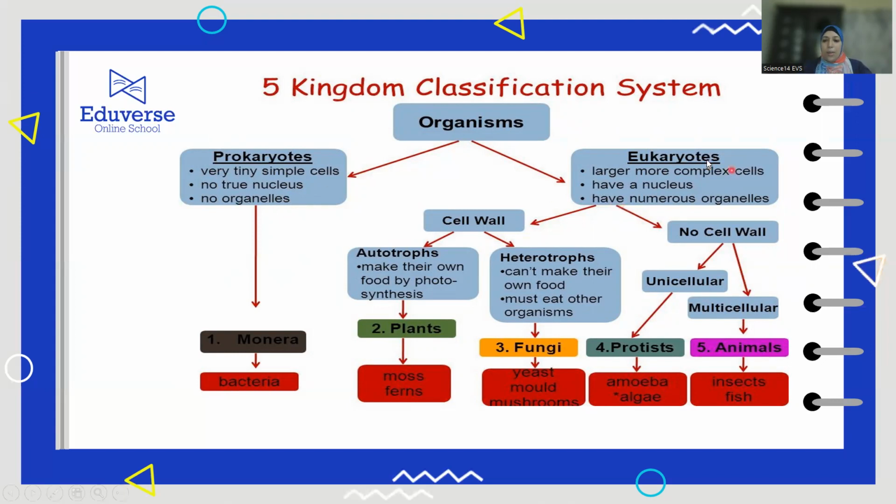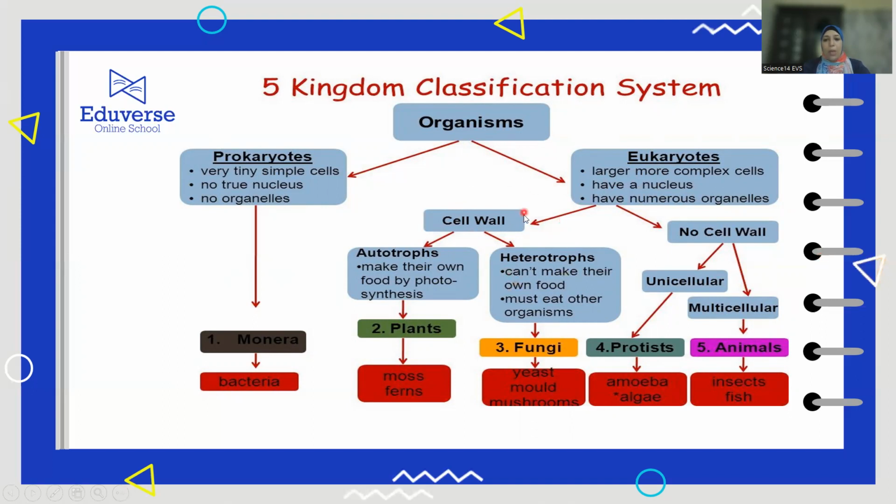But the eukaryotes, or eukaryotic organisms, have larger, more complex cells. They have a normal nucleus structure, and they have numerous organelles. All of the normal cell organelles, as we studied before in the first term, exist in the eukaryotes. Eukaryotes may have a cell wall or no cell wall.